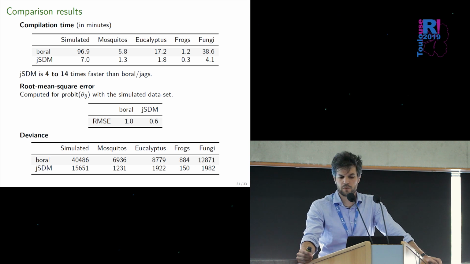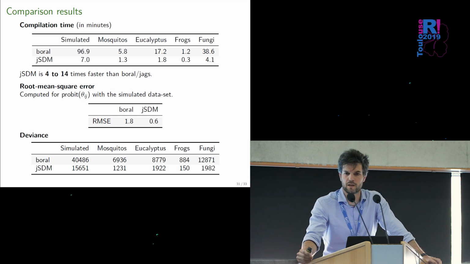After 30,000 iterations for the MCMC, we reach a much lower RMSE using our approach than using Boral with JAGS. And the deviance is also much lower in our case after 35,000 iterations.